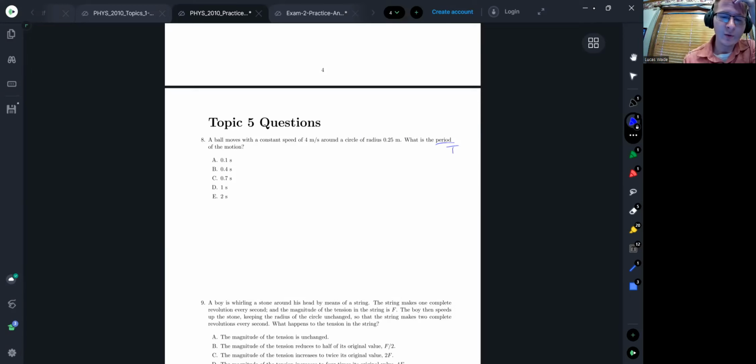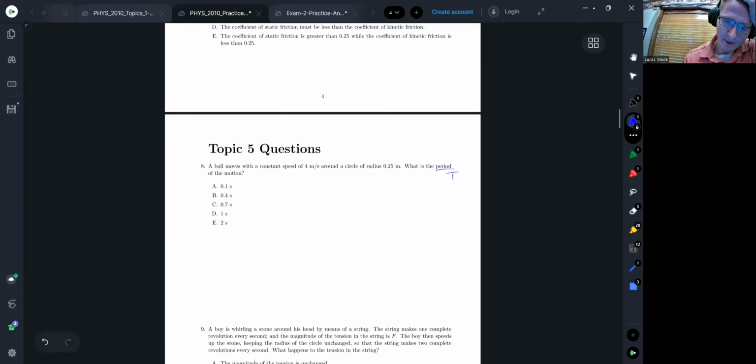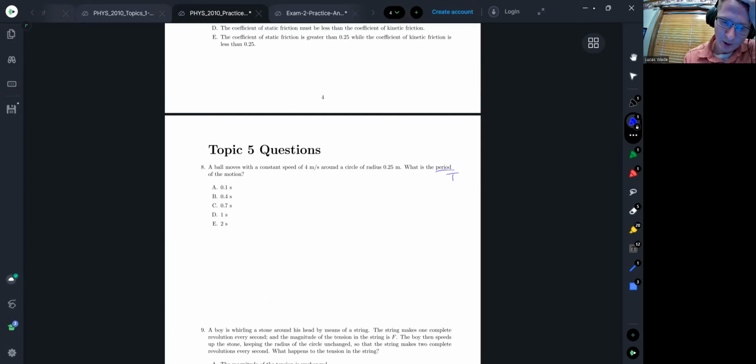And the idea is once you write in all of the symbols corresponding to these things, you're going to hopefully think of a certain equation that has all those things in it. Good, Catherine. So let's just finish labeling and we'll get to that. So 4 meters per second is the speed, that tangential speed for the rotation.